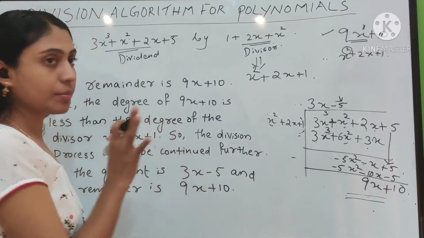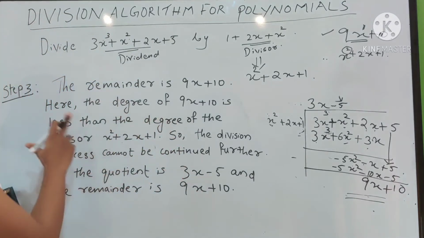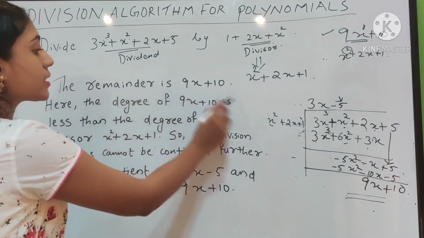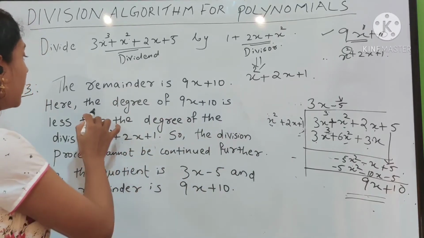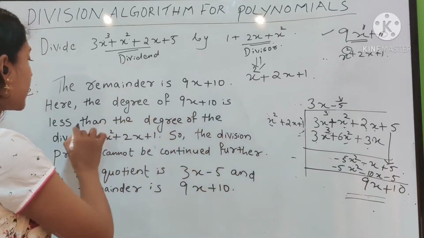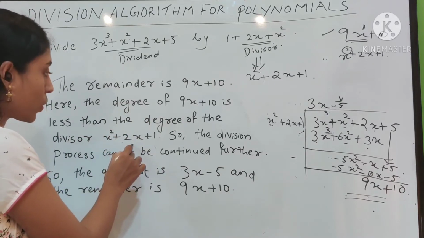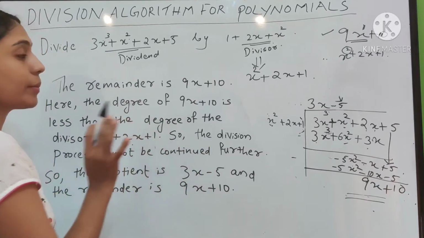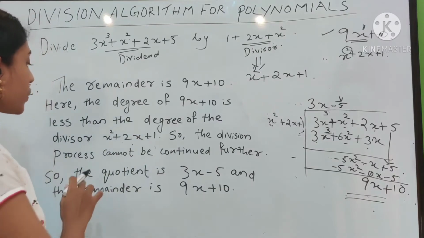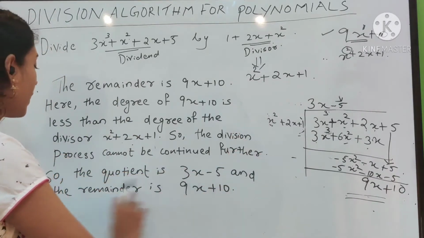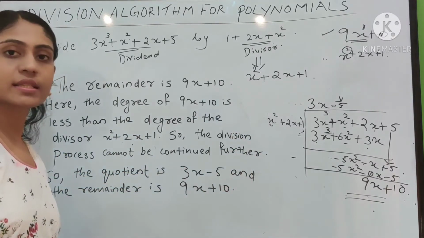Understood? So this is step number 3. Please write this down. Step number 3, that is, the remainder is 9x plus 10. Here, the degree of 9x plus 10 is less than the degree of the divisor x square plus 2x plus 1. So the division process cannot be continued further. So the quotient is 3x minus 5 and the remainder is 9x plus 10.